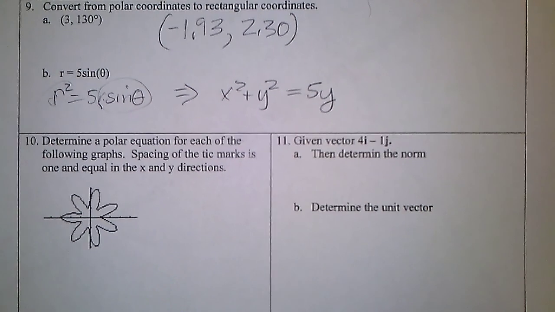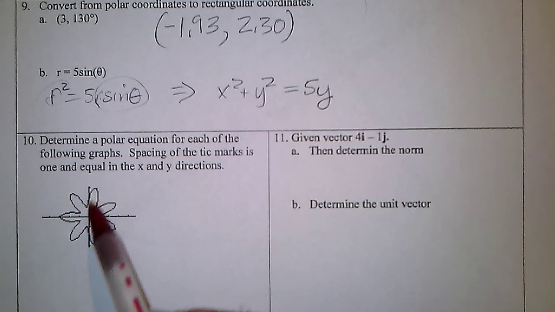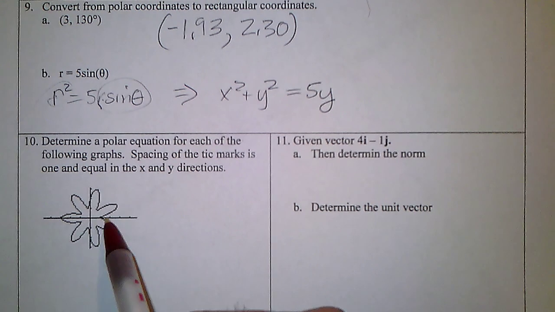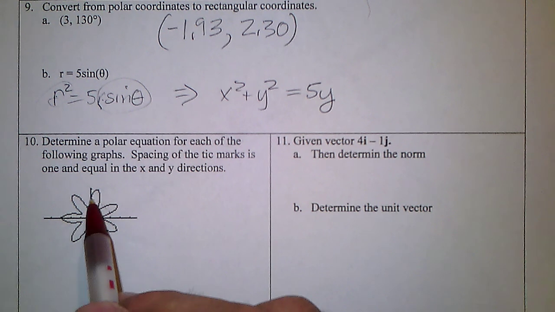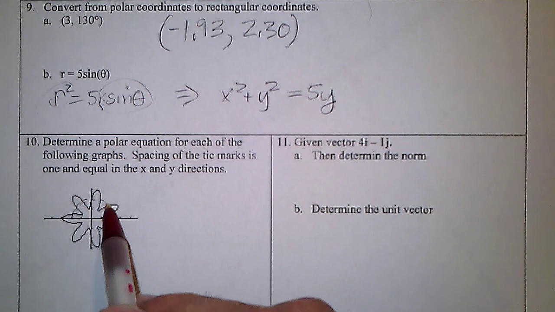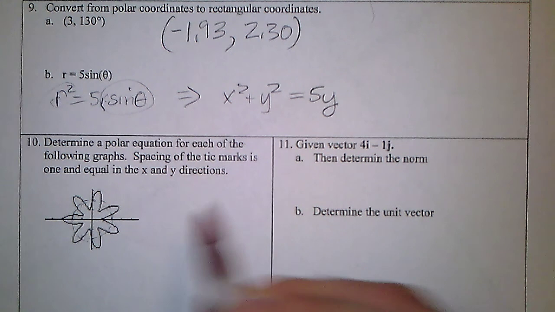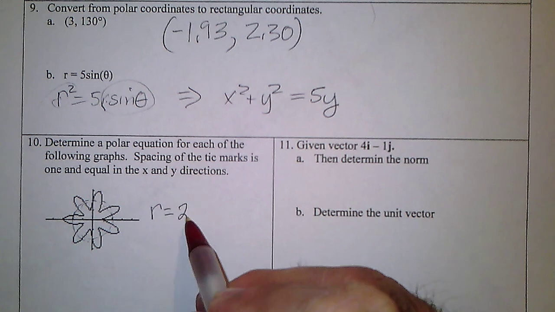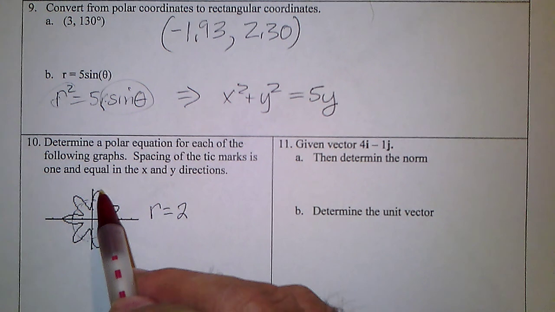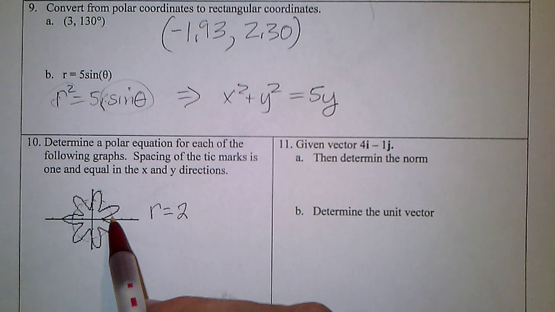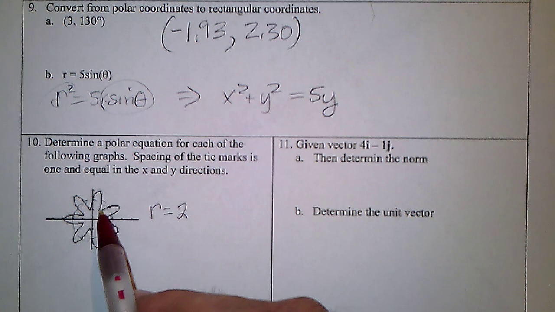Number 10. It looks like we're going in and out on a circle of radius 2. So if I have a circle of radius 2, I would say the radius is 2. And it looks like I start in and go out, and then I come back in and out and back in. So the sine would start on the radius and go out and then in and then out.